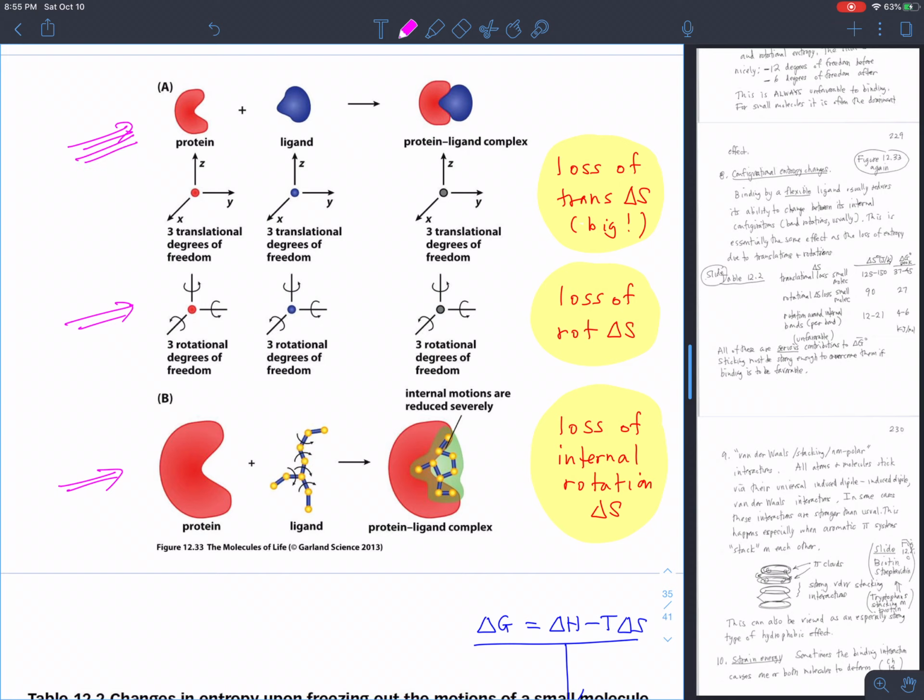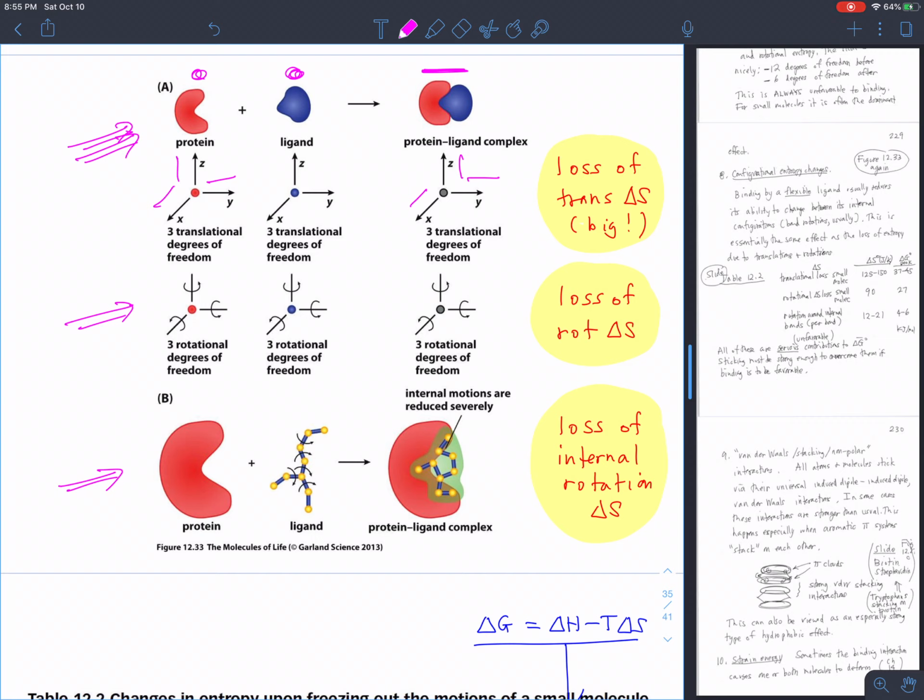This is perhaps the most obvious if you've got two molecules to start with. They each have X, Y, and Z degrees of freedom, and that means entropy associated with each of those degrees of freedom. When you put them together into one molecule, there's only one set of X, Y, and Z degrees of freedom, not two. Or there's three variables and not six, maybe a better way to put it.